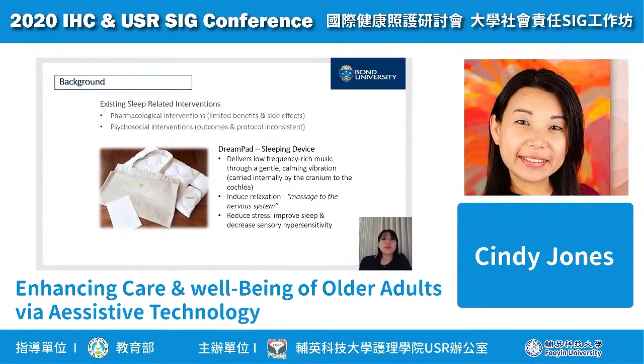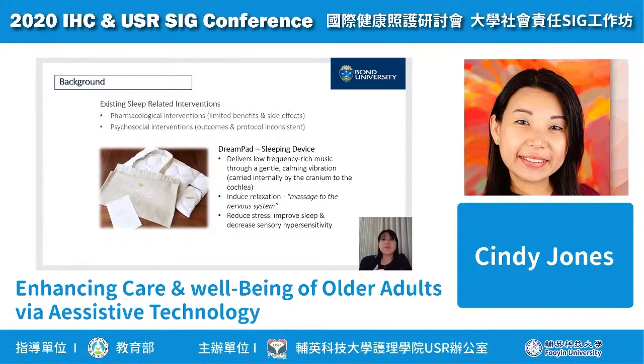Bottom line is further research is needed to identify optimal treatment with feasibility and pilot testing, followed by rigorous testing to verify beneficial outcomes. So we came across this sleeping assistive technology device, which is DreamPad.